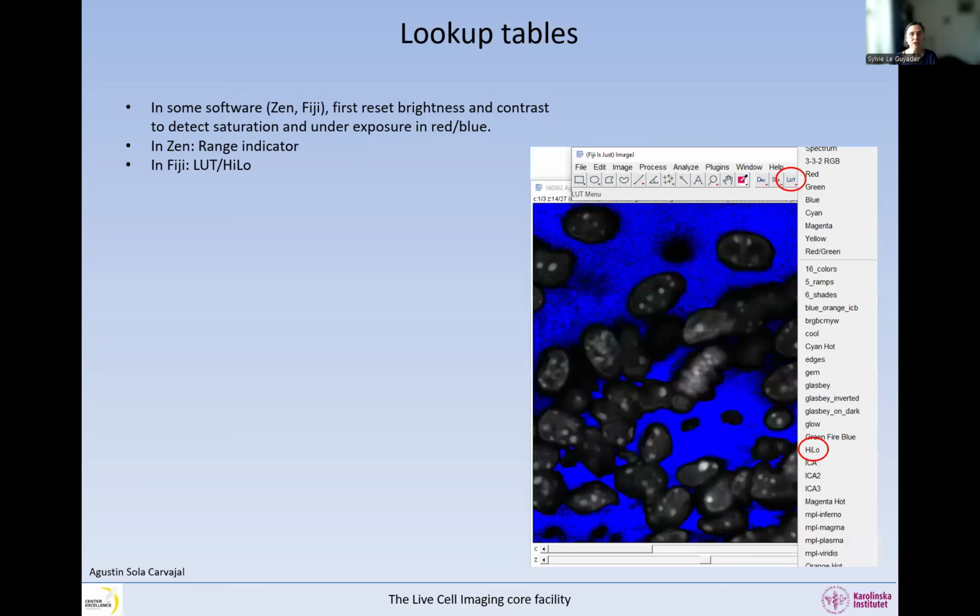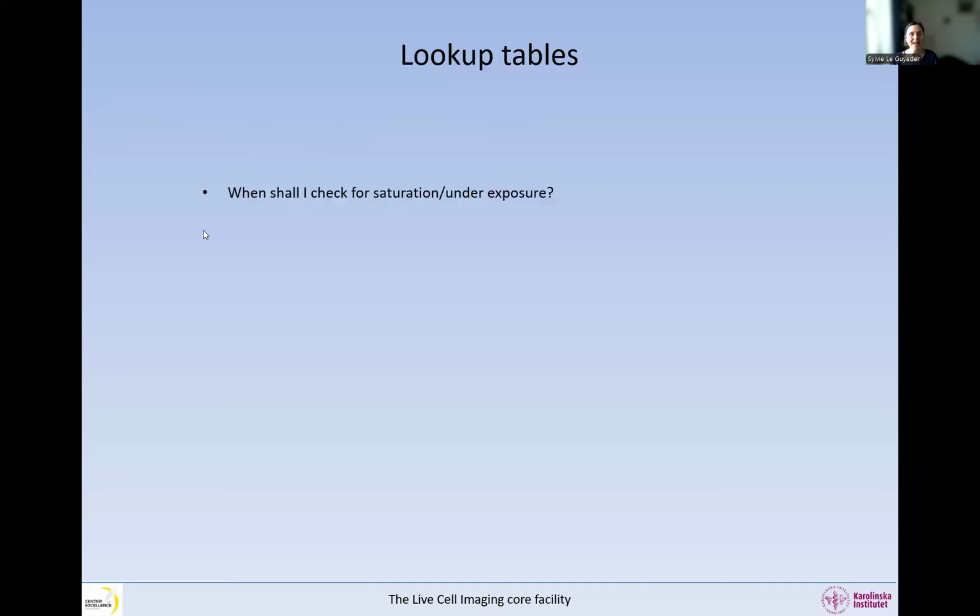In Fiji, it is called high-low. If you go to Fiji, lookup tables, you have your image, you can apply the high-low lookup table, and this is what it will look like. Now this image is not acquired in a proper way because we have lots of blue in the background. In Leica, it's called LUT. And I don't know in Olympus, so if someone has an Olympus microscope, please let me know.